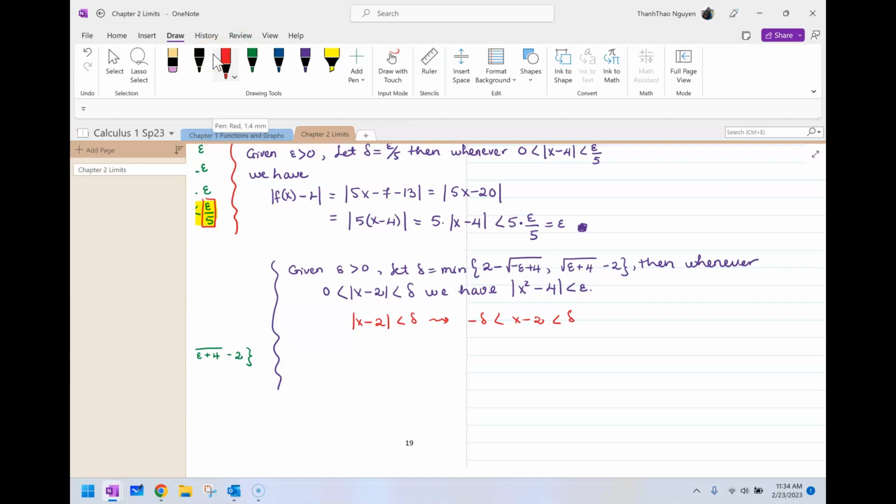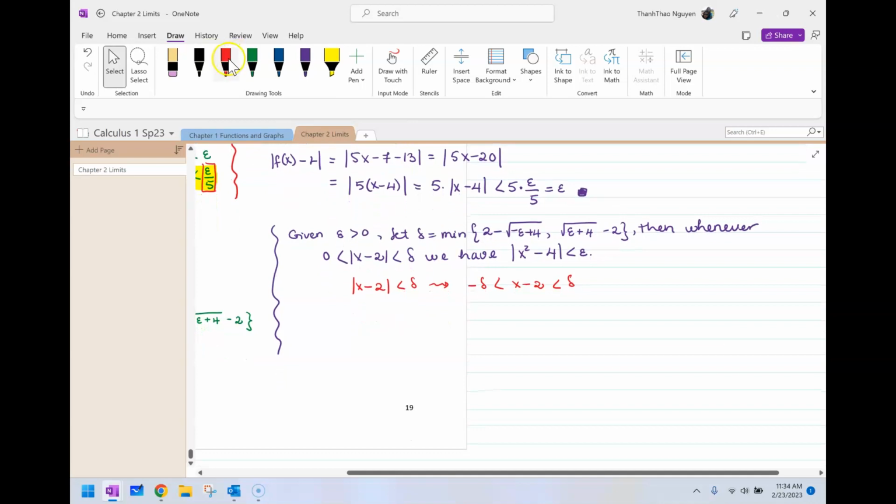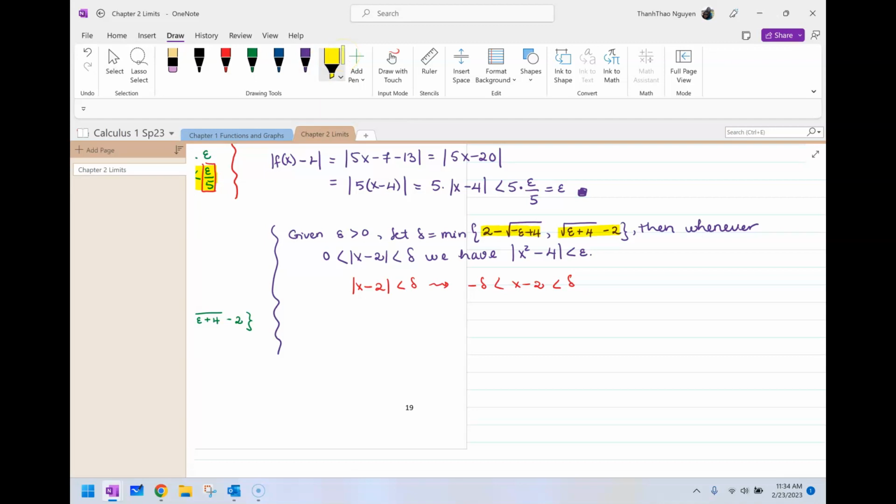Now here we have this value of delta, and we want that to be the minimum, and we assume that x is in the center of this interval.